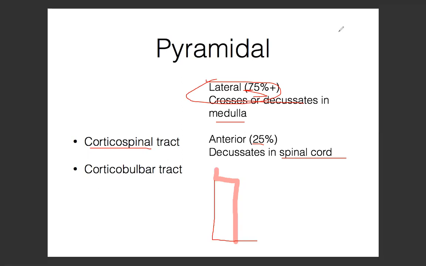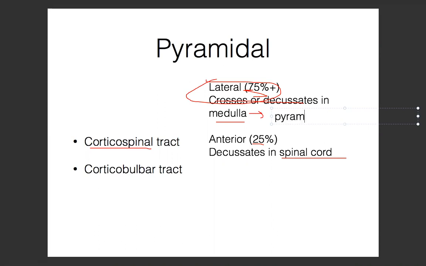تمام؟ يعني for example they be like the corticospinal tract decussates in the, your answer is going to be medulla. Like the 25% they act like it doesn't exist when it comes to questions that don't specify. تمام؟ And most of the questions are not going to specify. They're just going to say corticospinal and they'll be talking about a lateral of the higher. تمام؟ يعني lateral is the main one, which is the one that's going to decussate وين؟ في الميدولا. يلا الحتة اللي decussates فيها في الميدولا is known as the pyramid.